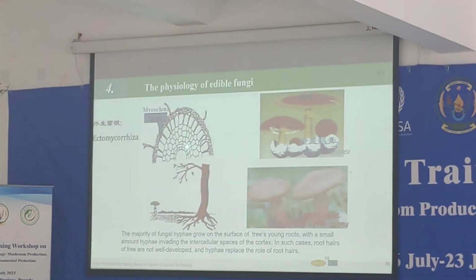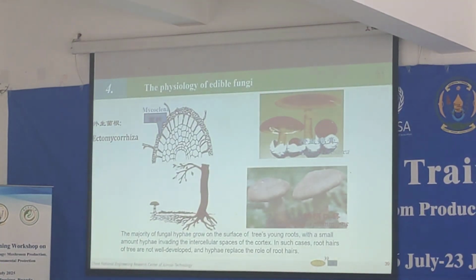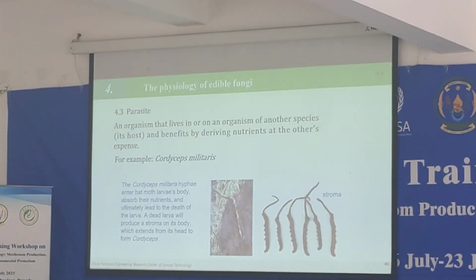And some mushrooms get the nutrient from the tree root. This is ectomycorrhiza. And some mushrooms are parasites. That's why I showed the picture about the cordyceps. So this is the insect, and this is the mushroom, the stroma.